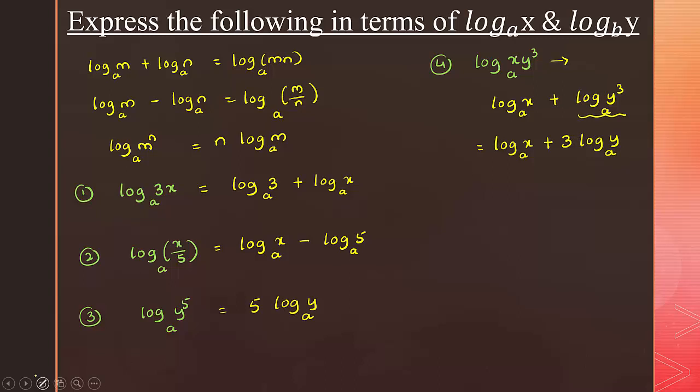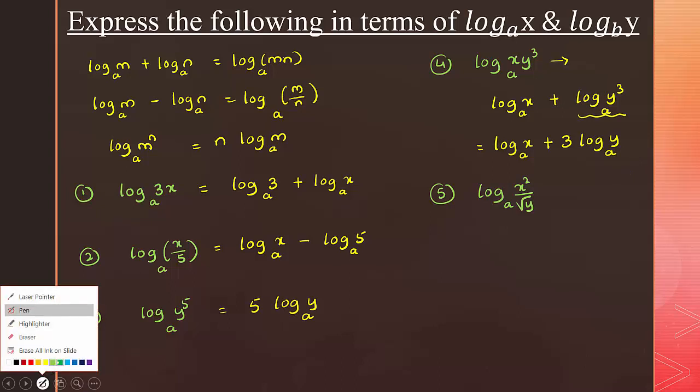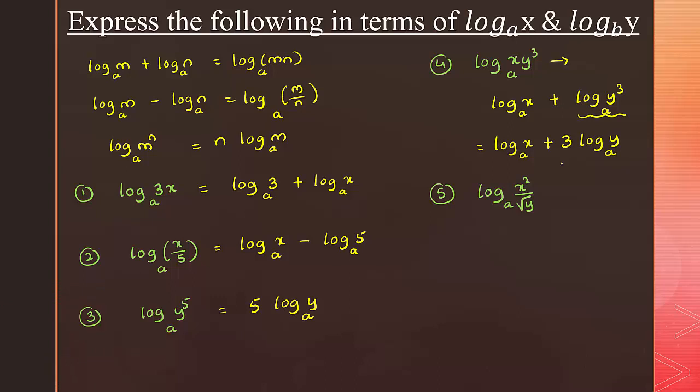Now come to the next problem. Fifth problem, I am going to write log of x square over root y, square root of y, to the base a. This is the question. Try to solve this problem. This is again the ratio form, or the division form.